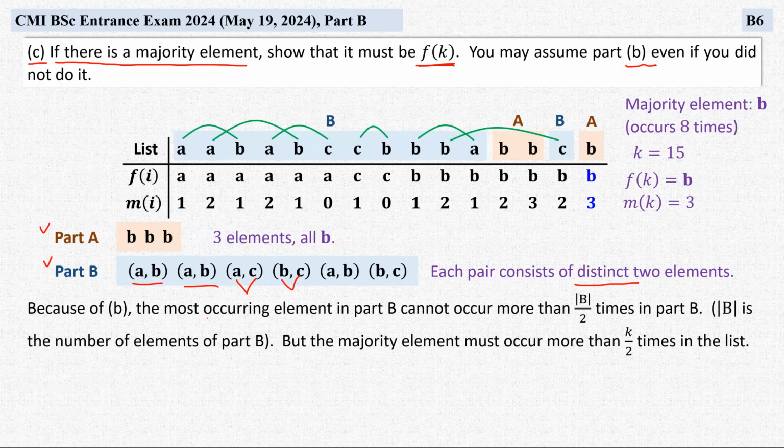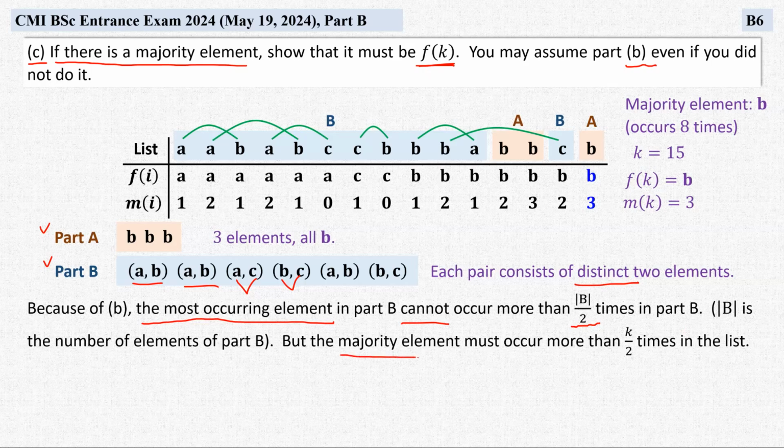Because all pairs in part B consist of distinct elements, the most occurring element of part B cannot occur more than half the size of B times in part B. If it occurs more, then by the pigeonhole principle, there must exist a pair where 2 identical elements belong to that pair.